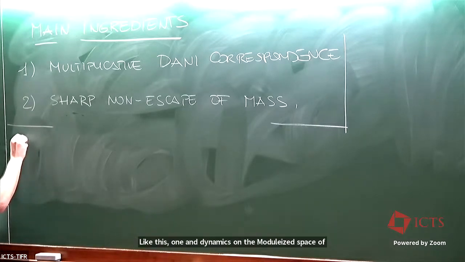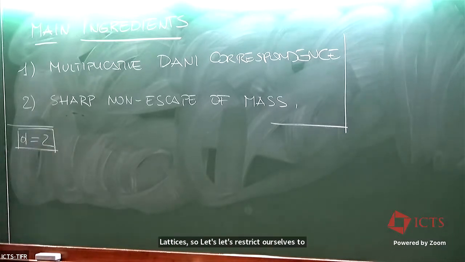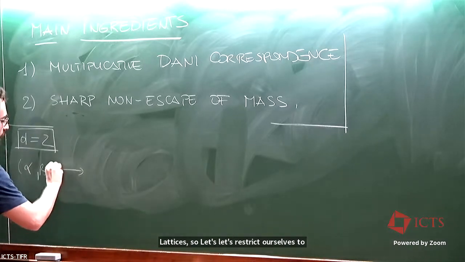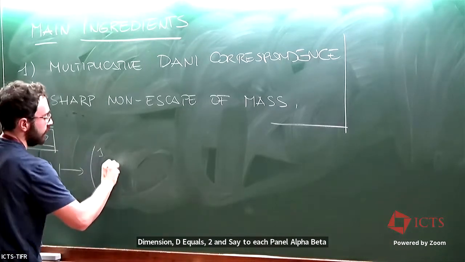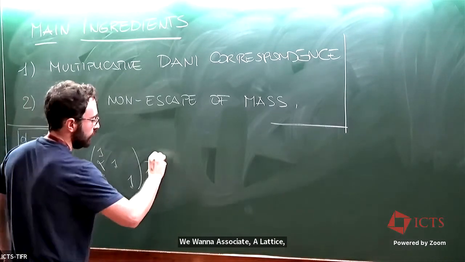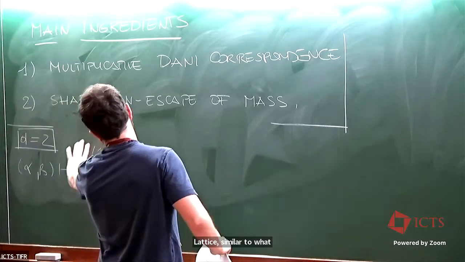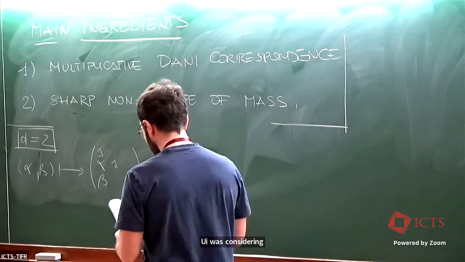So let's restrict ourselves to dimension d equals 2, and say to each pair alpha beta, we want to associate a lattice of this shape. So a lattice similar to what Uri was considering yesterday, a unipotent lattice like this.